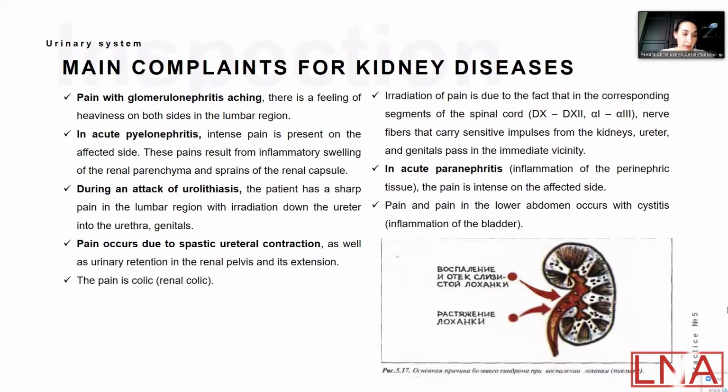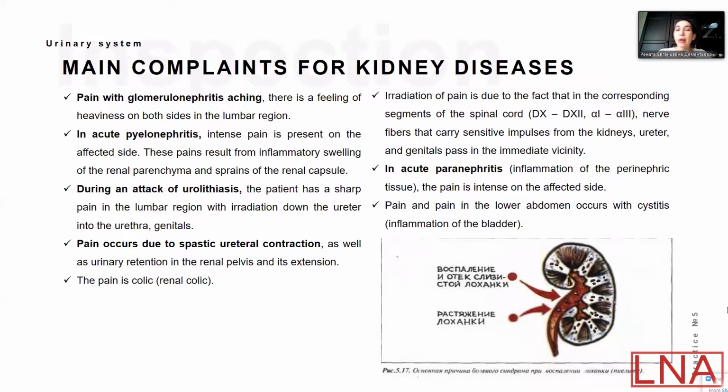In fact, it's practically the same situation as with the lungs, because in the parenchyma of the kidney there are no nociceptors to react to inflammation. But during inflammation, the volume of the parenchyma increases, urostasis also increases the volume, and the kidney starts to press into the dense capsule which covers it. The capsule is stimulated from the internal surface, its nociceptors react, and this is the mechanism of development of pain syndrome in inflammation.